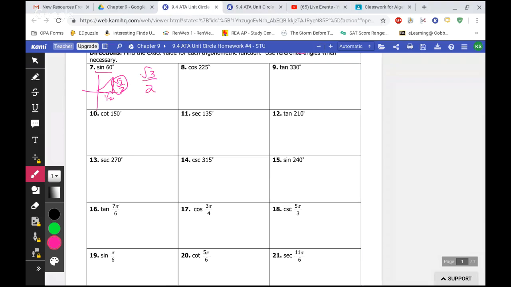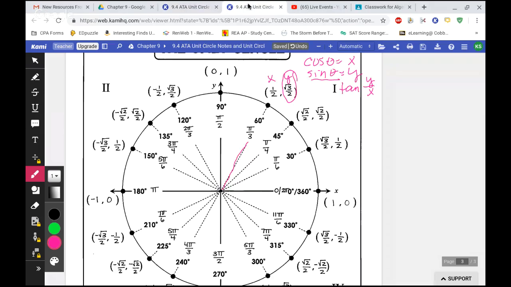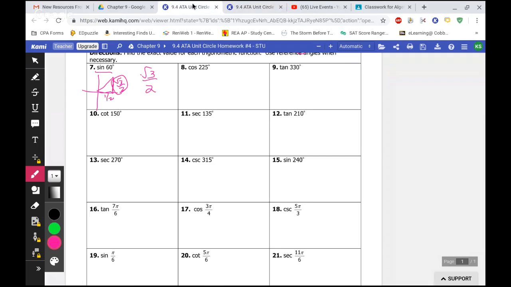Cosine 225. If you are using your unit circle, you could go to 225. And cosine 225, cosine is the x coordinate. So negative root 2 over 2.